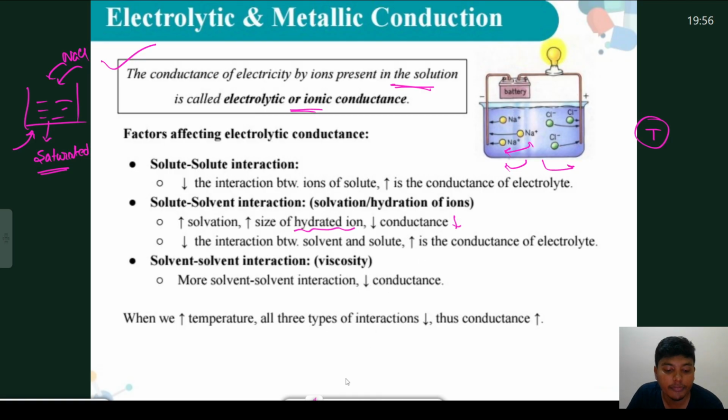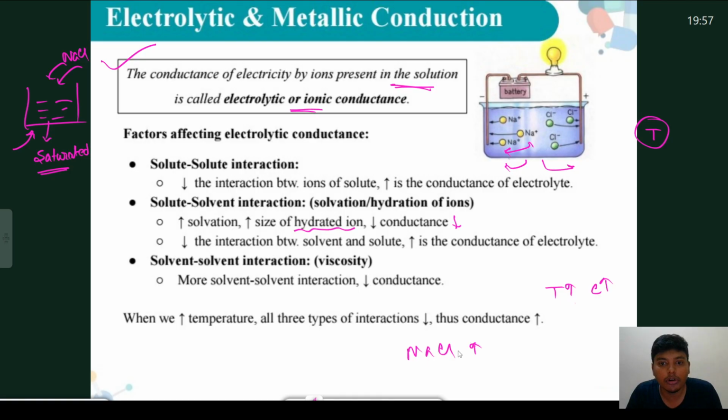Conductance will be low. But can you repeat the same for temperature? If you increase temperature, more ions are produced, or the interaction between ions will decrease, so conductance will be more. Simple thing: NaCl is there.